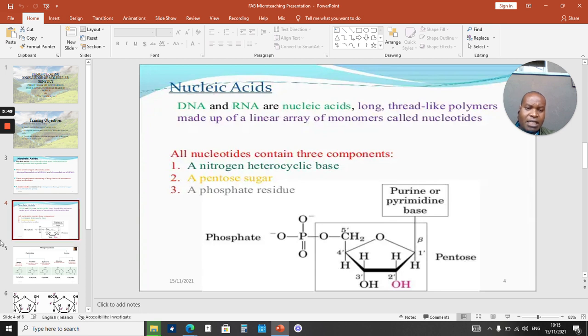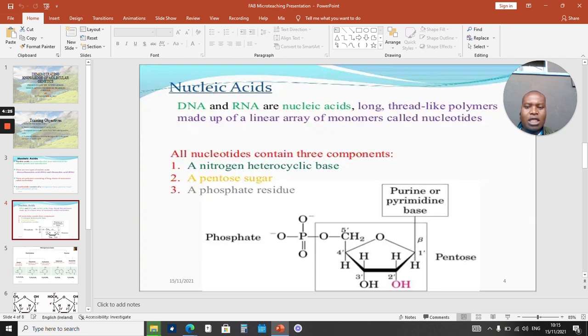And you can see the structure there. Do you look at that diagram? Yes, there is a diagram there showing the phosphate. Good. Yes, we have the phosphate, we have the purine and the pyrimidine base, and lastly the pentose sugar. Very good. So we have a sugar, we have a base, and we have a phosphate group.